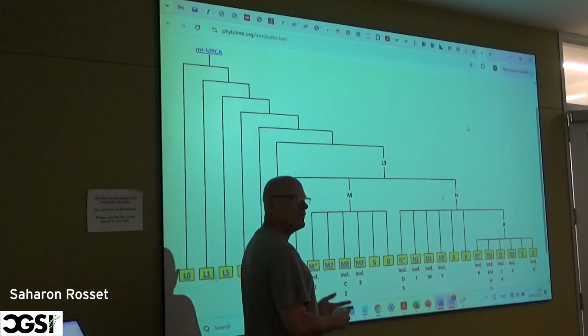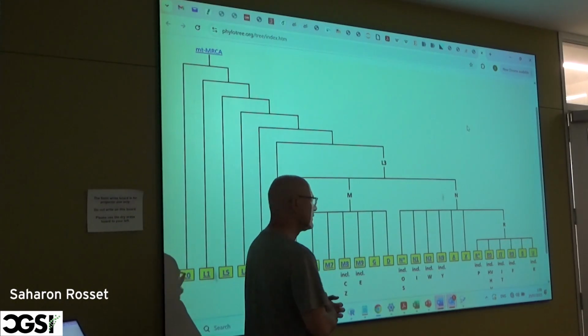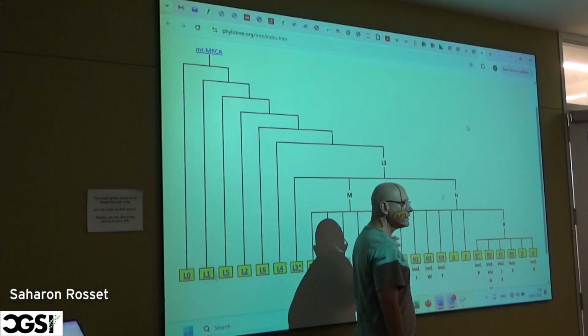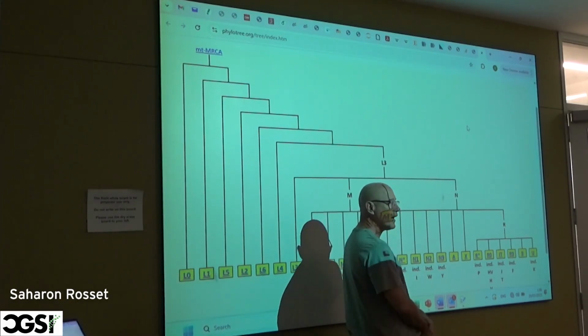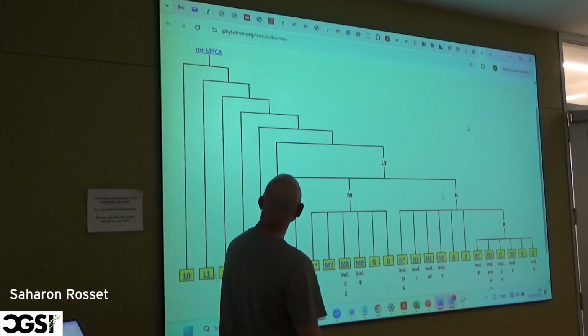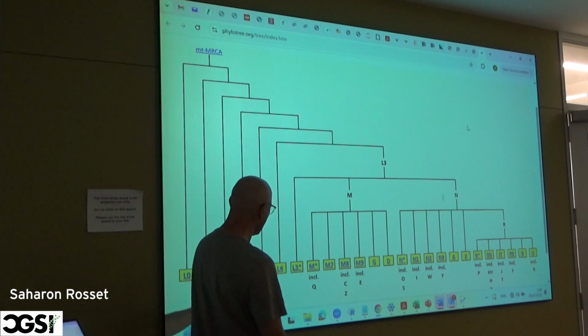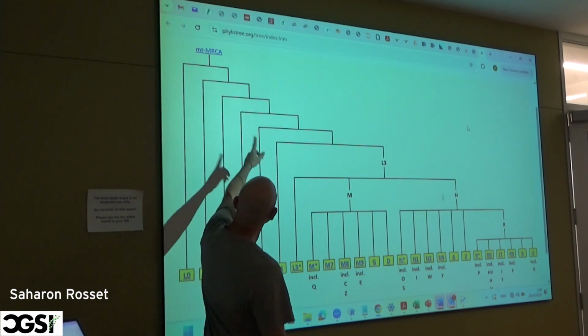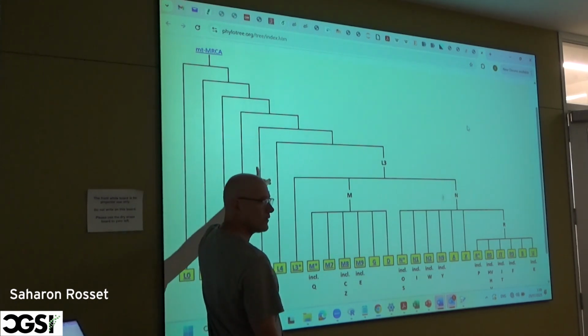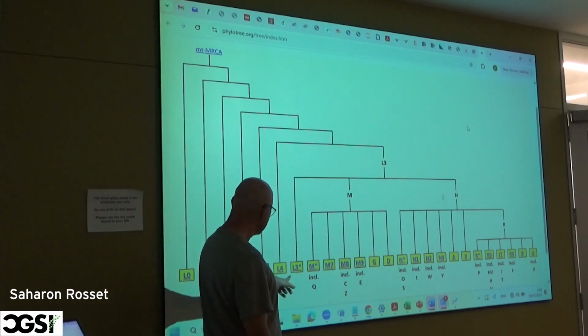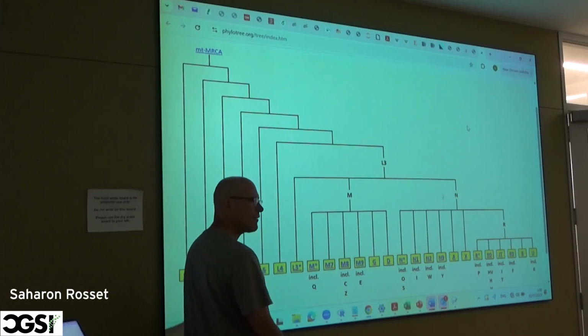If we have East Asians or South Asians, then they sit in one of these two macro branches, M or N. And basically, all of these haplogroups, all of these subtrees, which are the result of the earlier splits in the tree, all of these groups are only found in Africa.